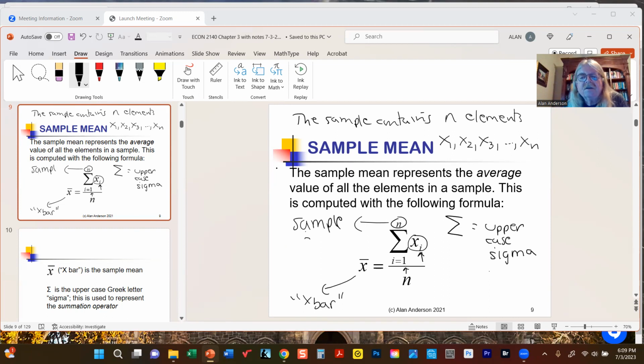Let me just make this a little neater. Okay, and so this is often referred to in math as the summation operator. And the reason for that is because it's telling us to add something up.